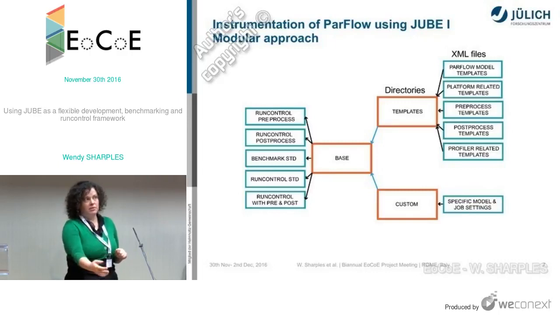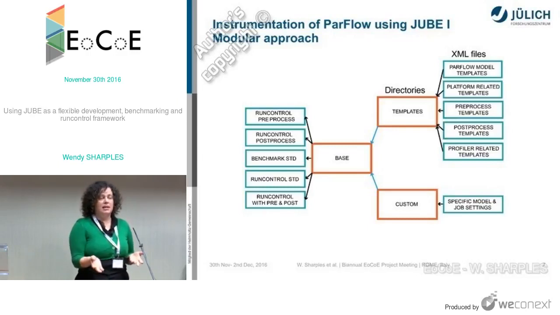You might have the Euro Cortex domain, you might have an Alpine domain or whatever domain you're looking at. Then you've got platform related templates. So if you're running it on a supercomputer in Jülich versus a supercomputer in Munich, for example. Then pre-processed and post-processed templates, and then profiler-related templates. So all the different profiling tools that you can instrument your code with can be loaded up.